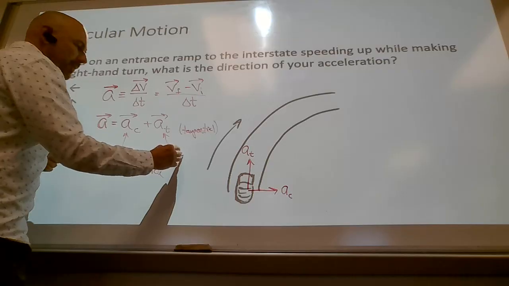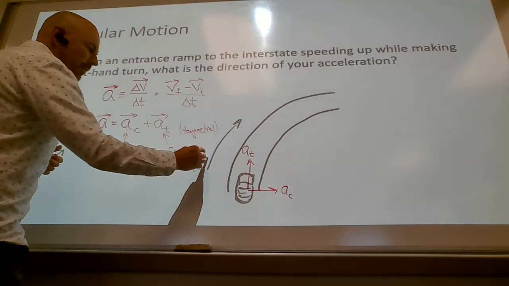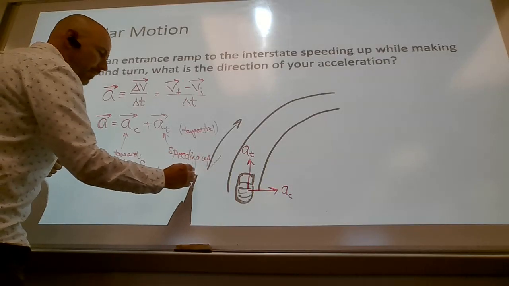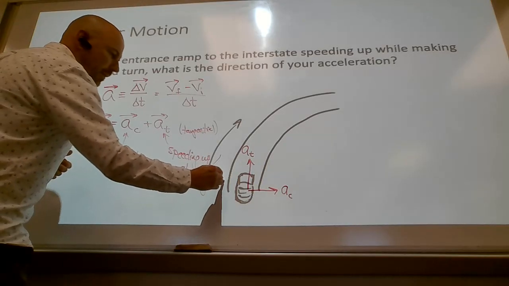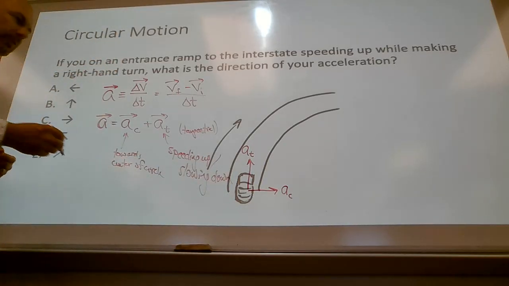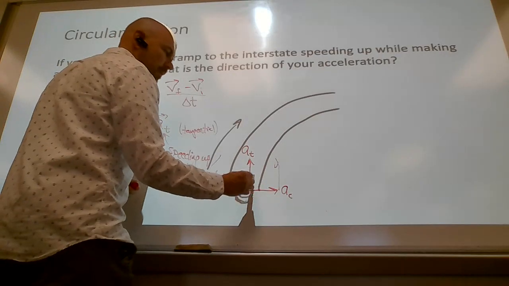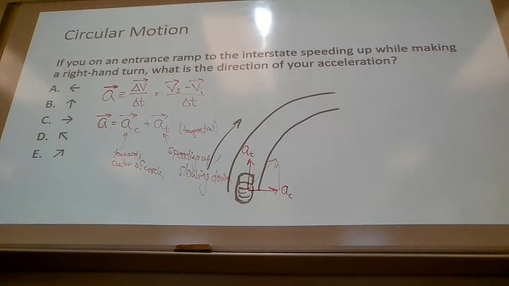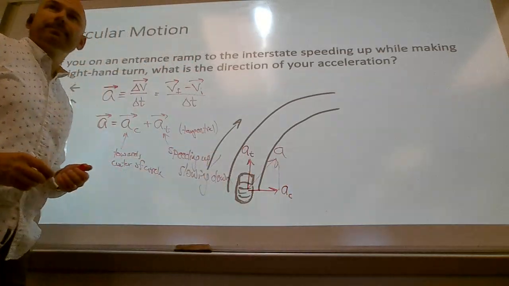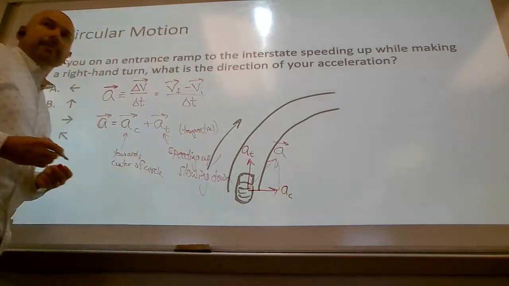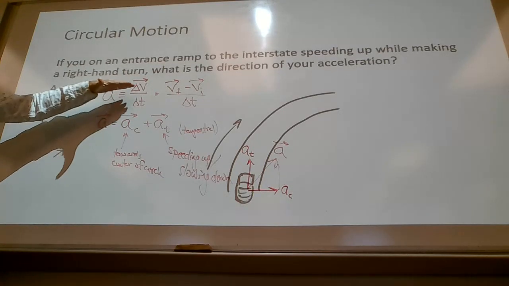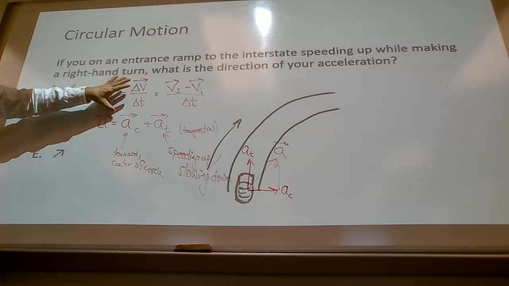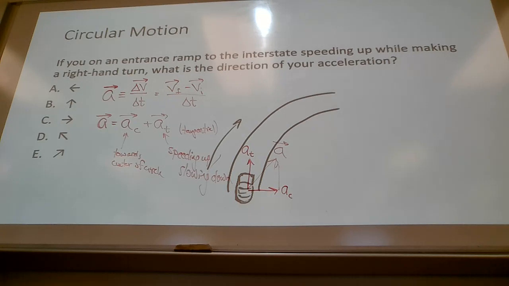This is your speeding up, slowing down. And the vector sum of those two, the resultant, is acceleration overall. Okay. This is defined as the rate at which velocity is changing. Good with that?